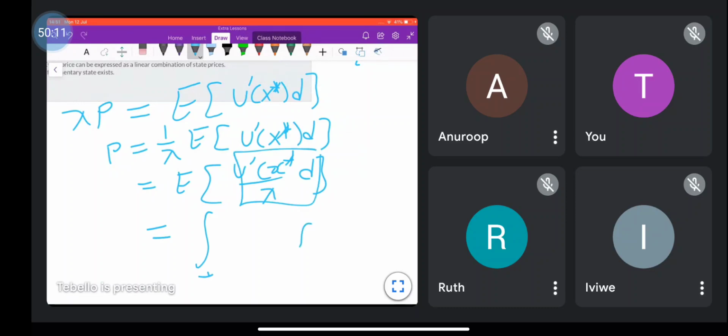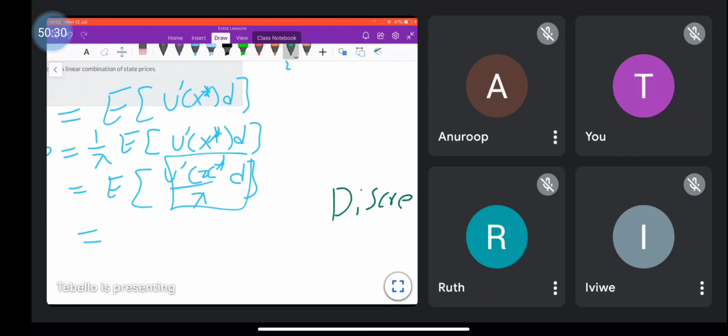But in this course, most of the time we will be looking at discrete variables.